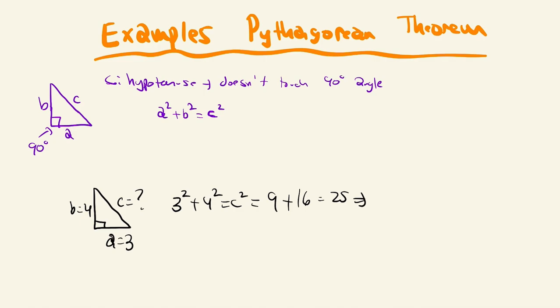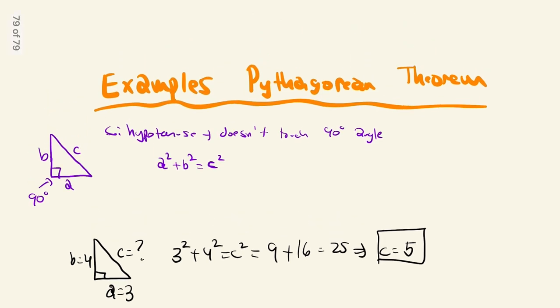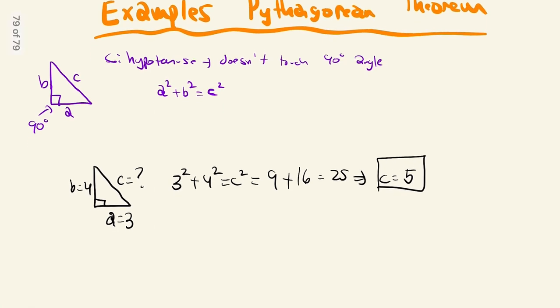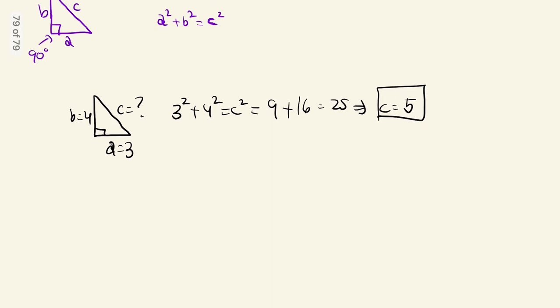That's 25. So that tells us that C has to be equal to 5. That's sort of the easier of the two ways, because you've already written the equation that you remember, a squared plus b squared equals c squared, and you just solve for c. There's nothing to do much beyond that.